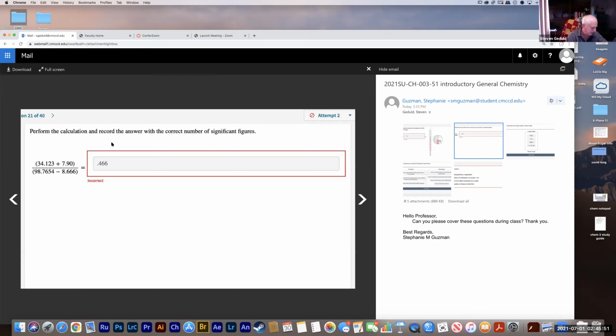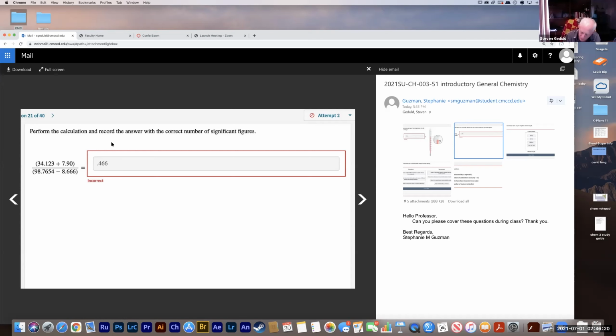I'll have to do that on a piece of paper. All right, so put in your calculator 34.123 plus 7.90.